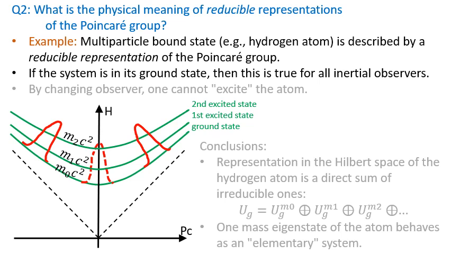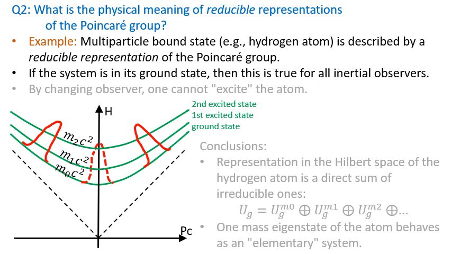Each such hyperboloid has a definite value of mass. Here I showed three such hyperboloids. Mass m0 corresponds to the ground state of the atom. Mass m1 is the first excited state, and mass m2 is the second excited state.